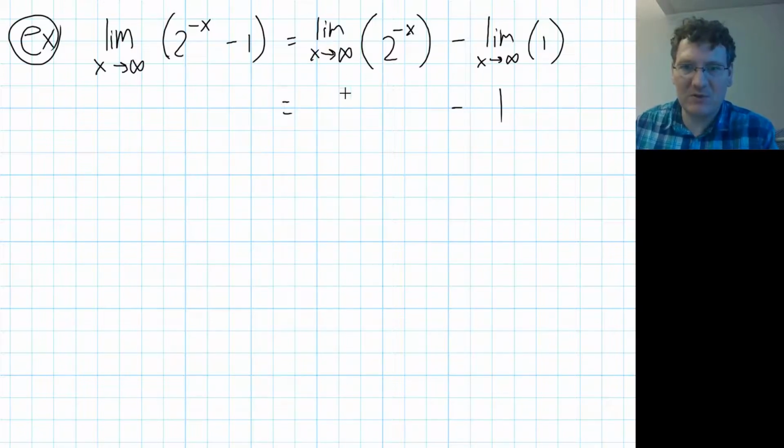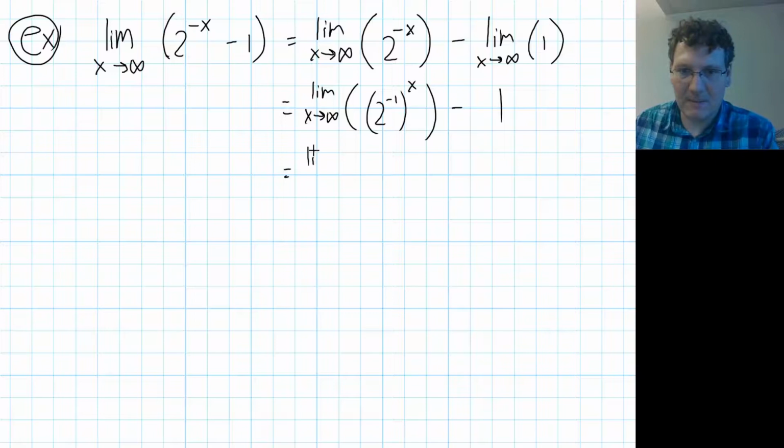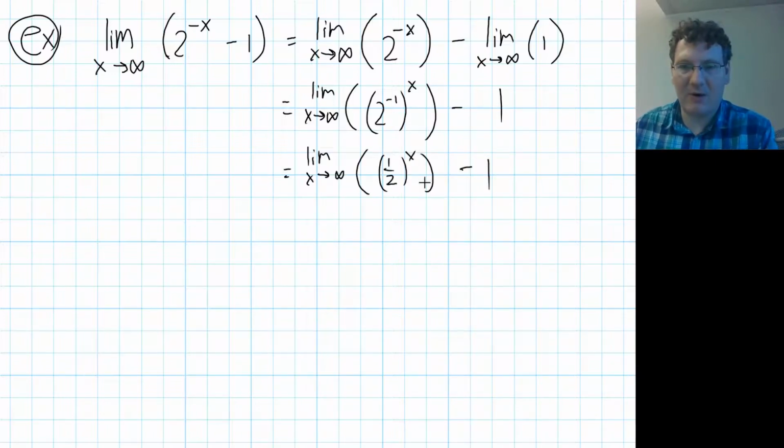And I'm going to write 2 to the negative x as 2 to the negative 1 to the x power, which is just the limit as x goes to infinity of 1/2 to the power x. What did I just say? If the base is between 0 and 1, the limit is 0. So this thing is 0 minus 1, so this is going to be negative 1.